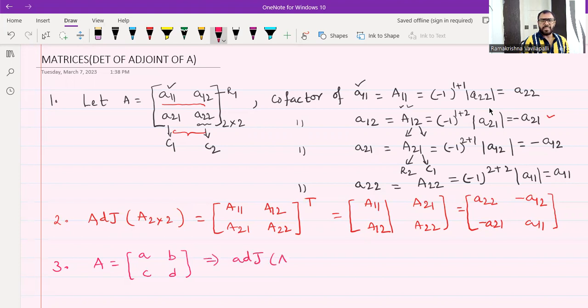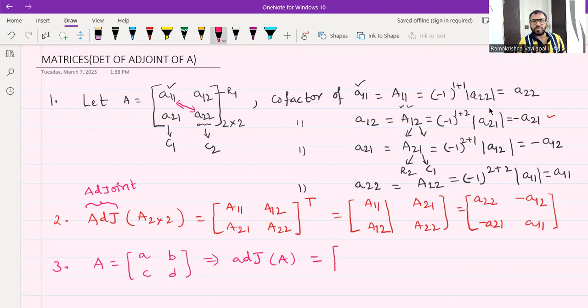Adjoint of A equal to, okay. Here, the meaning of this is adjoint, and we will denote it like this. So adjoint of A: you observe that these two elements are interchanged, so here interchange these two.